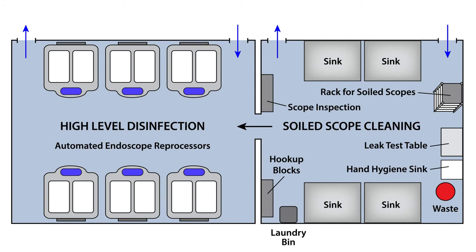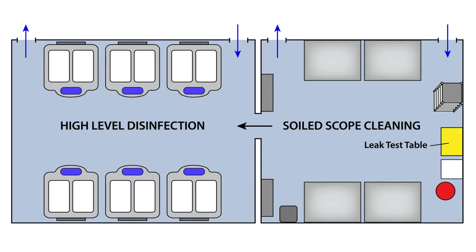with automated endoscope reprocessors. So once you bring the scope to the scope cleaning area, you leave it on the rack for soiled scopes, and from there the personnel in charge of this area will first do the leak test.